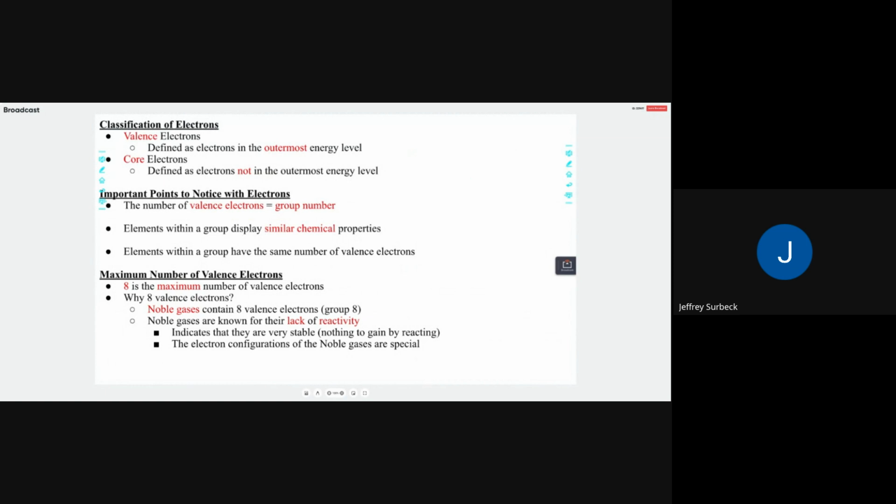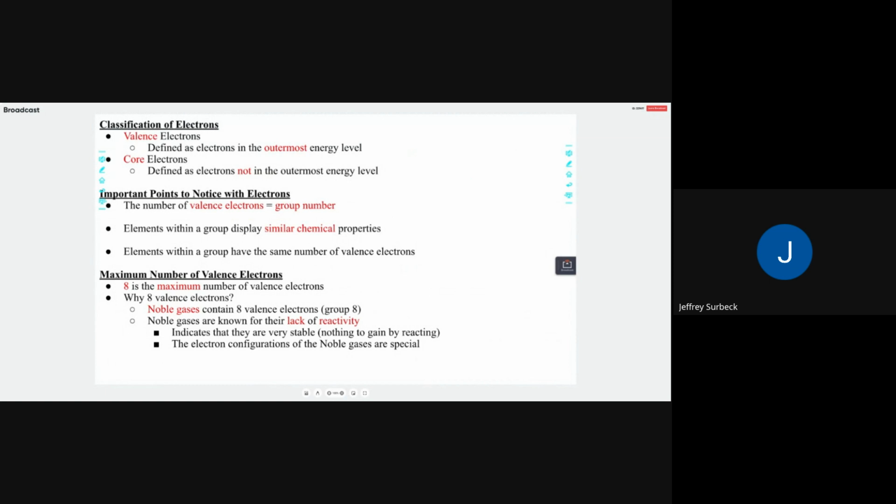So here is this. Valence electrons are going to be a major factor in how an element or an atom reacts in a particular chemical reaction. Now we get to this. Why 8? We said that krypton is a noble gas and it had 8 valence electrons, 28 core.